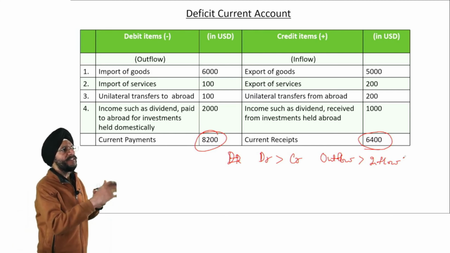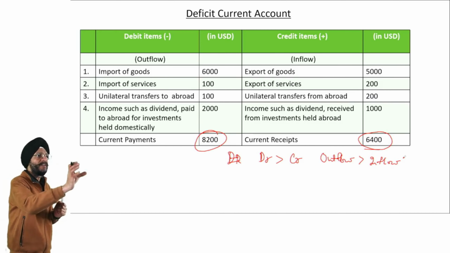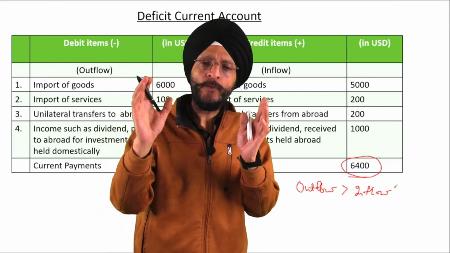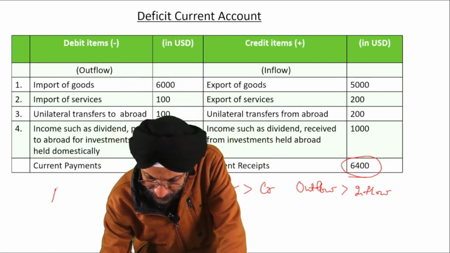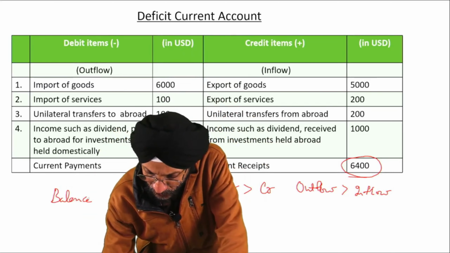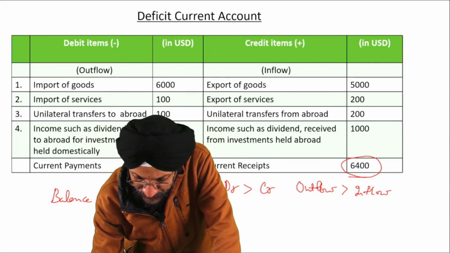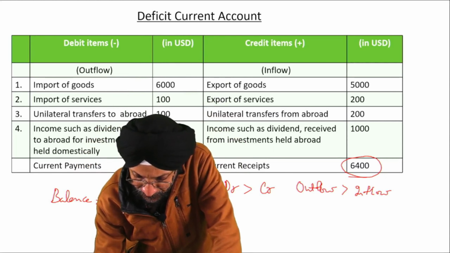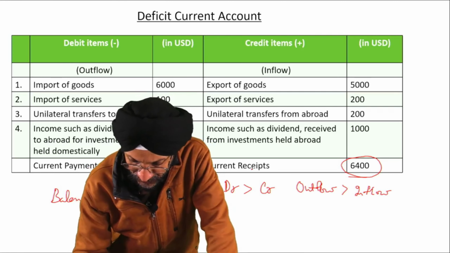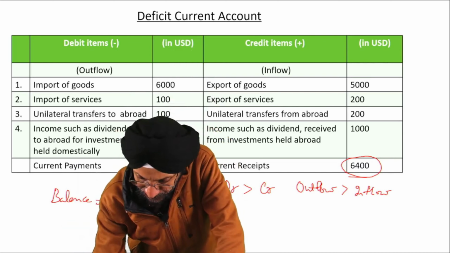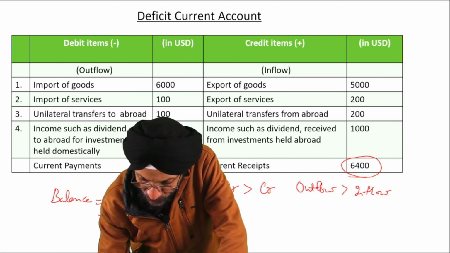So what does this deficit current account show? Here we have filled in hypothetical figures so that you may understand the meaning of a deficit current account. So what is the balance in this current account? How is it reflected that it is a deficit current account? Credit minus debit, or we can say receipts minus payments: 6,400 minus 8,200.